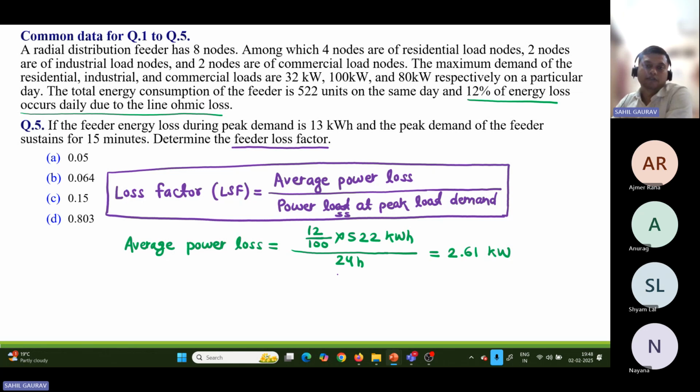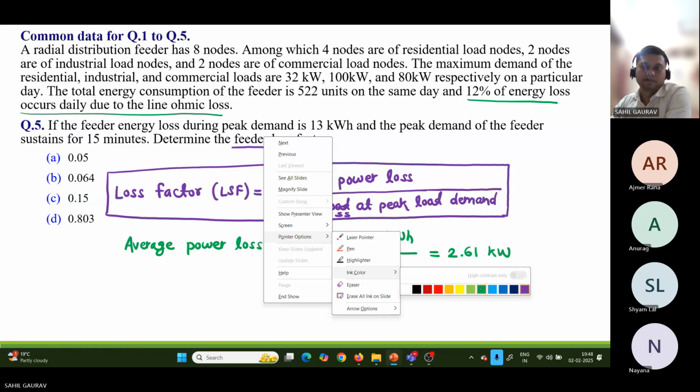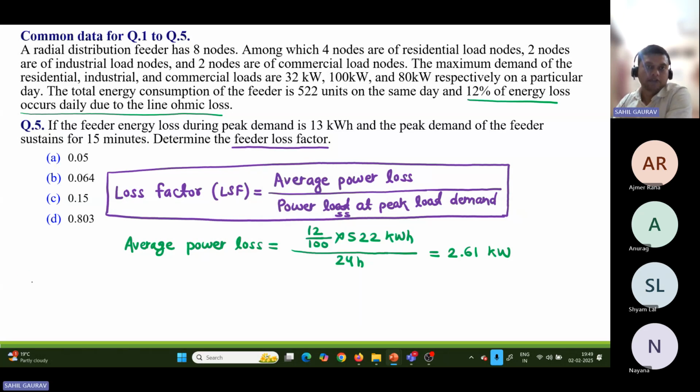This one is power loss at peak load demand. Now power loss at peak demand will be... The feeder energy loss during peak demand they have provided as 13 kilowatt hour.